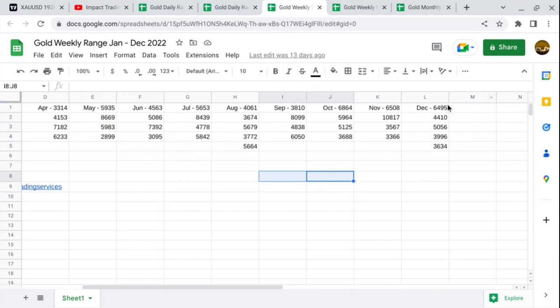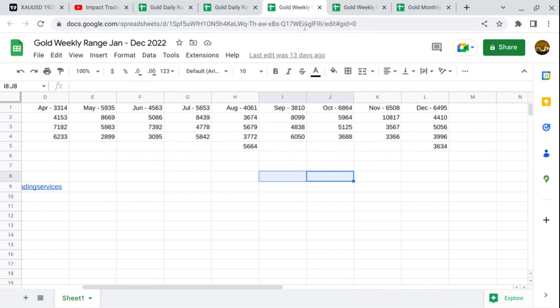We've got a 6,000 weekly move for an extreme, and then 4,500 mid-range, 10,000 extreme, 3,500 mid-range, 6,000 extreme, 7,000 extreme, again 4,500 mid-range, 6,000. So it's not uncommon to see 6,000 weeks, 10,000 weeks.